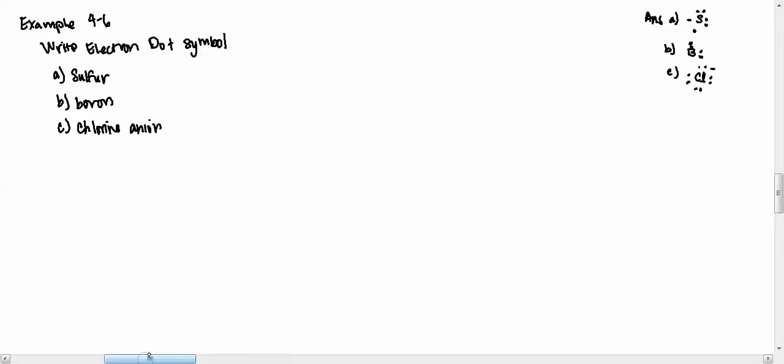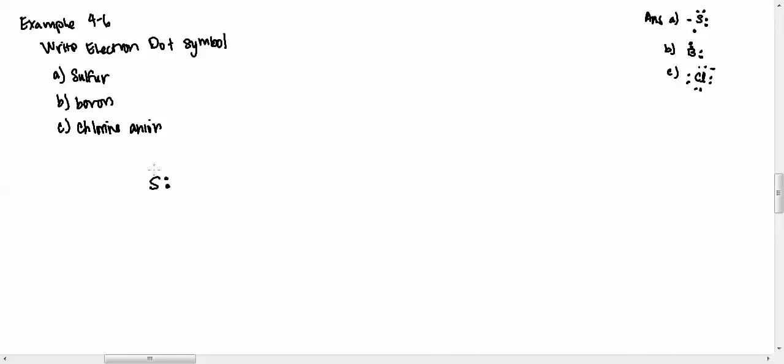So let me just draw it out for you. Sulfur. The way that we do it by convention, and not everybody does this, but the way this book likes to do it is they put 2 dots here, so that covers the 1, 2, and then we need 6 of them.